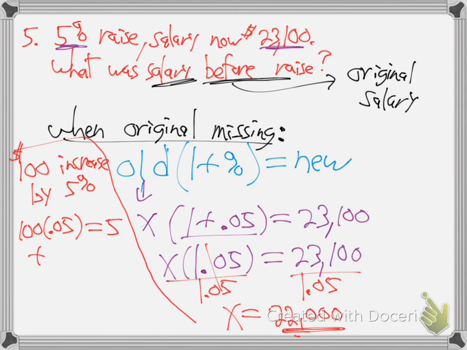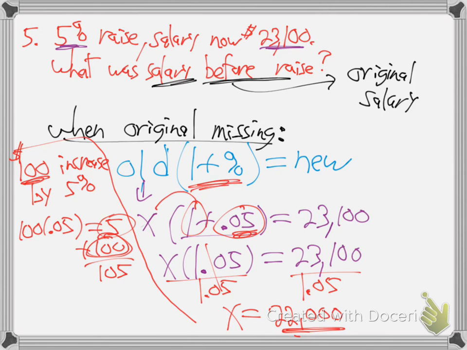Then you would add back the original 100, and you'd get his new salary is 105. So you need to add the percentage, the 0.05, and the 1 gives you back the original, because 1 times the old salary just gives you the original. That gives you the 100 back, and then the percentage gives you the other part. So the 1 plus the percentage gives you the whole thing at once.